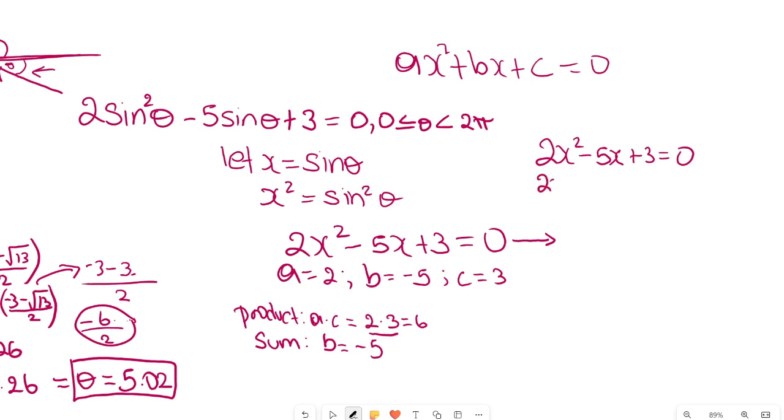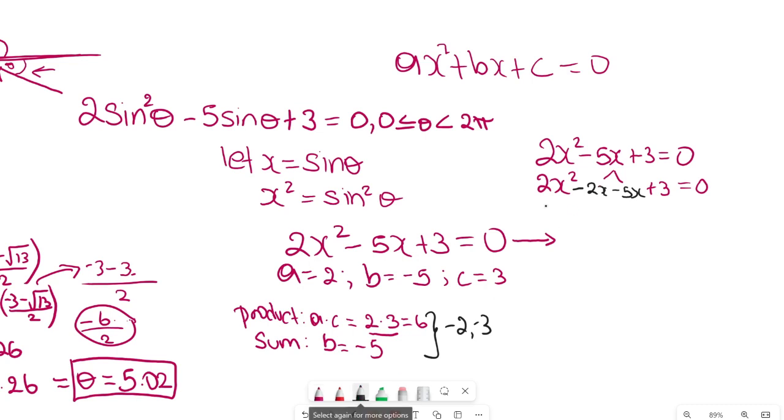So you have 2x squared, and we're going to split this 5x using these 2 factors that we just discovered, -2 and -3. So this is going to be -2x minus 3x. Just notice that we're not changing the value of the equation. We're just rewriting it to make life a little bit easier for ourselves.